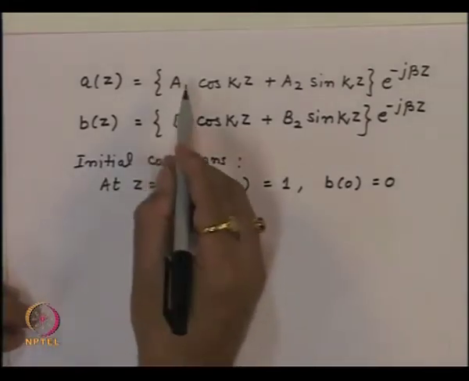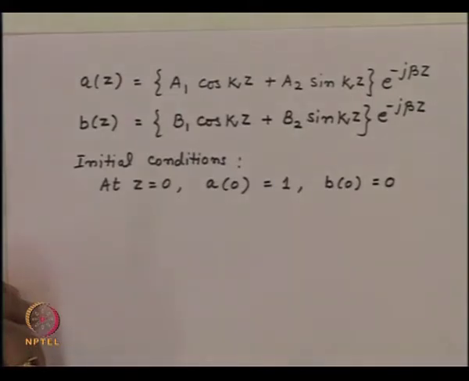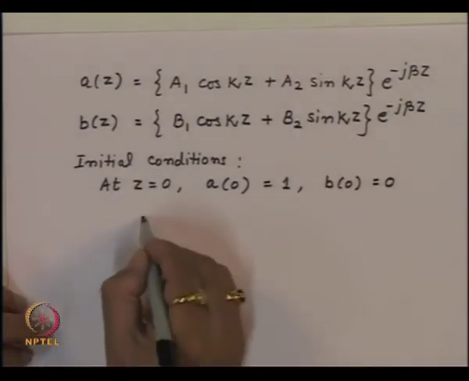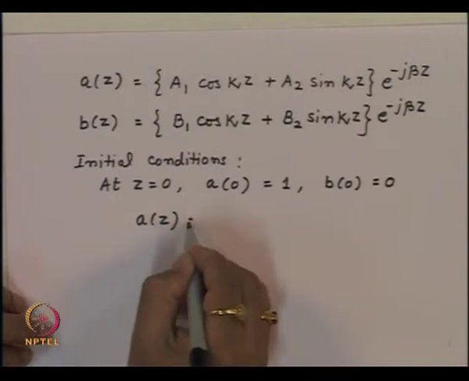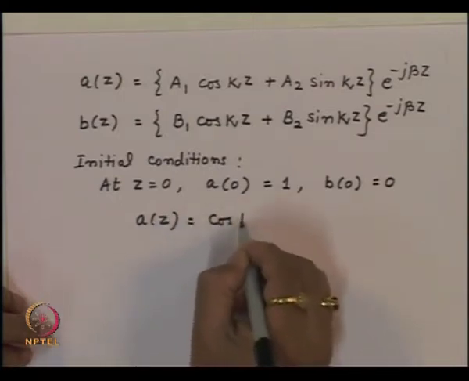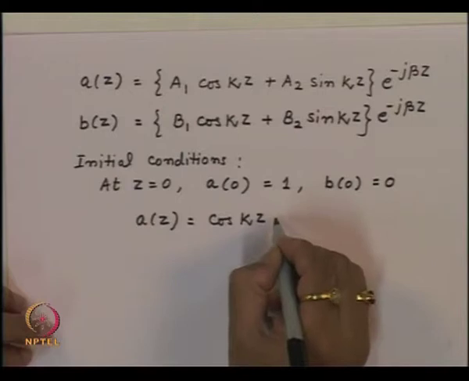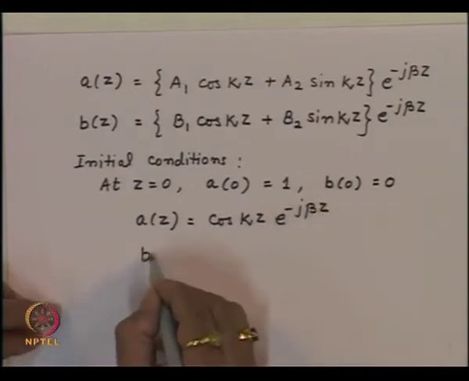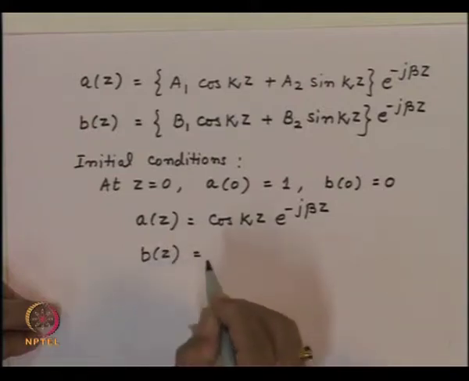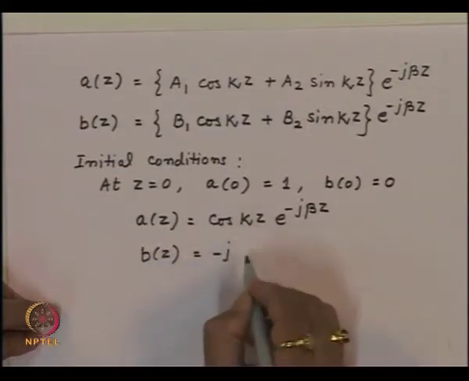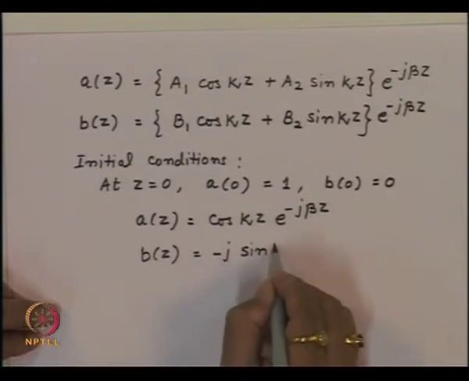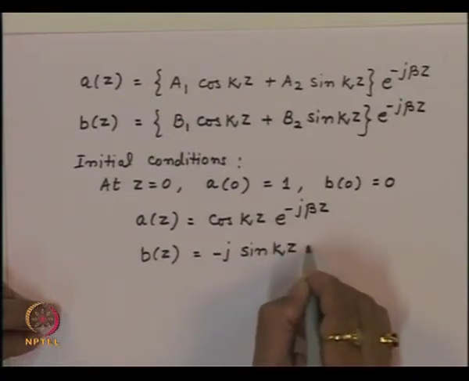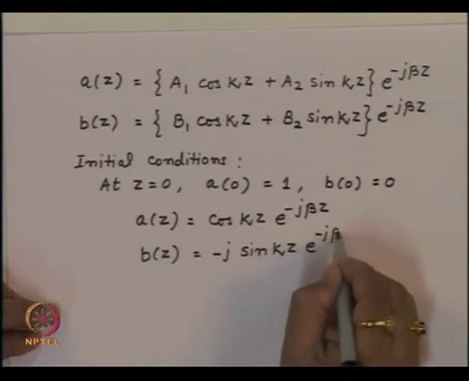If you apply these boundary conditions, we can essentially calculate these arbitrary constants, and then from there we get A of z equal to cos of kz e to the power minus j beta z, and B of z will be minus j sine of kz e to the power minus j beta z.